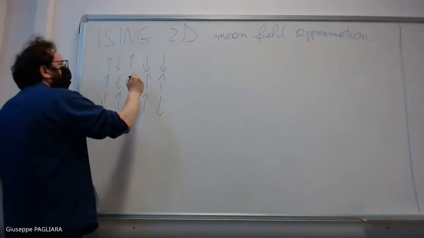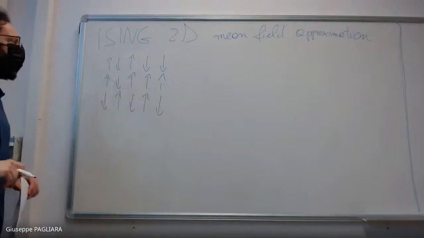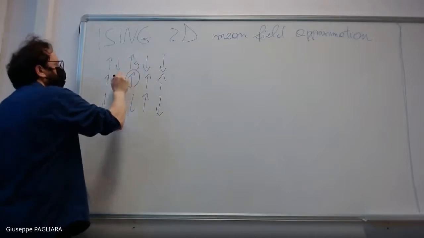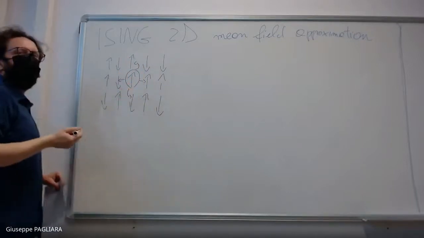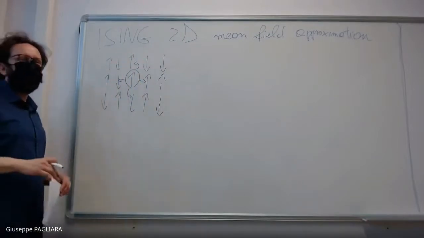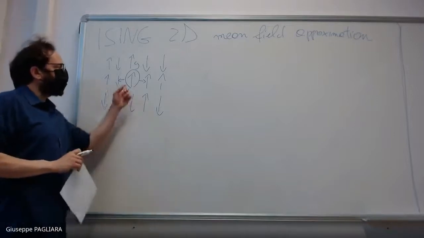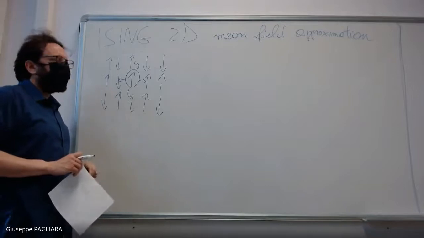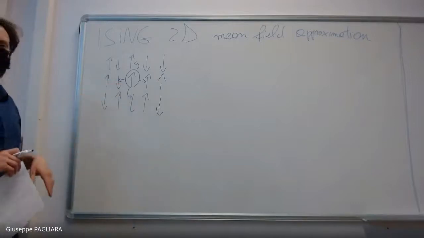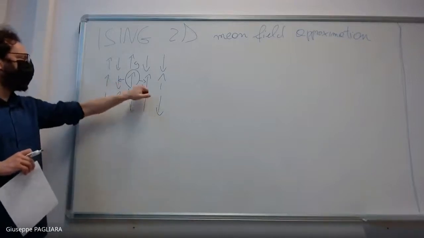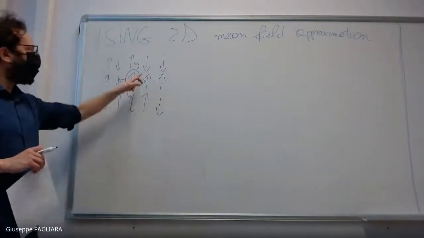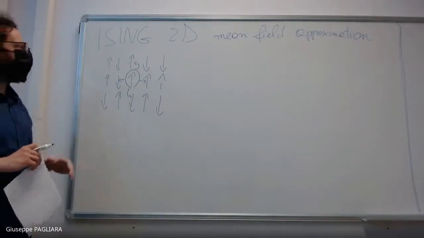Whereas here, we have, of course, more interactions in the sense that, for instance, if you take this spin, the closest spins are those ones. So there are 4 of them. Then there are these other ones, so other 4 of them, etc. So there is a sort of hierarchy of interaction between this spin and all the other particles that reasonably should decrease as a function of the distance. So we expect the interaction to be stronger for the closest, and then to get weaker for particles that are more far away.